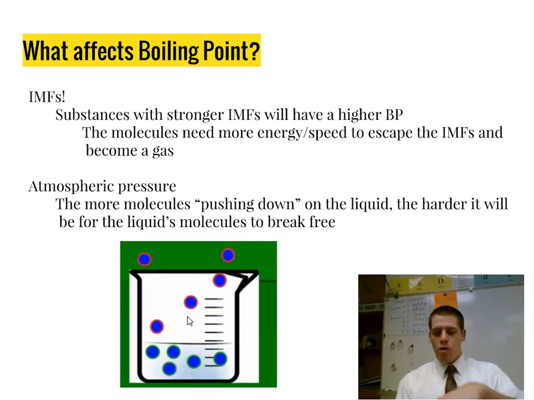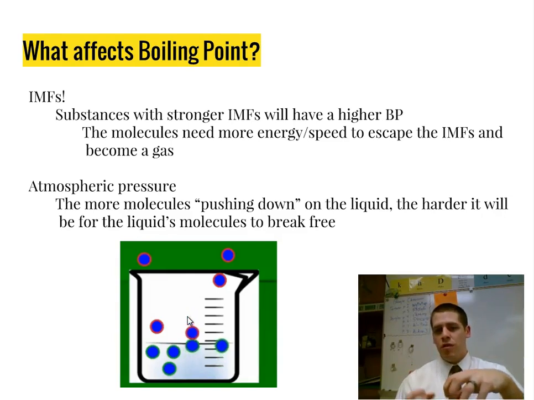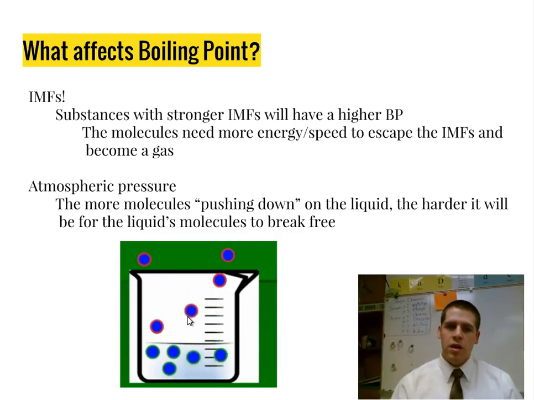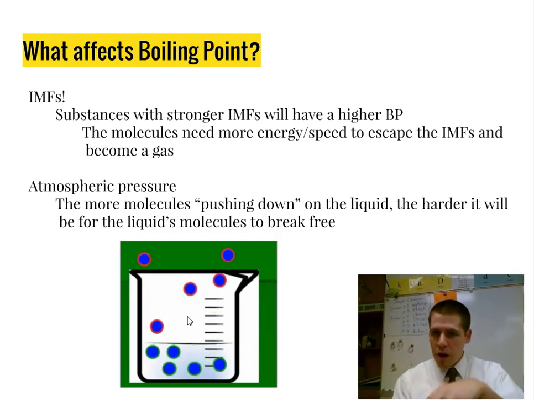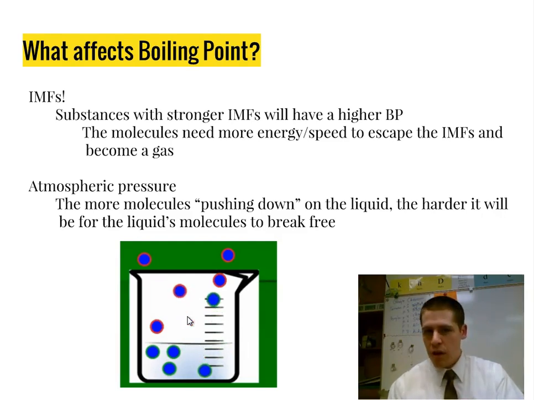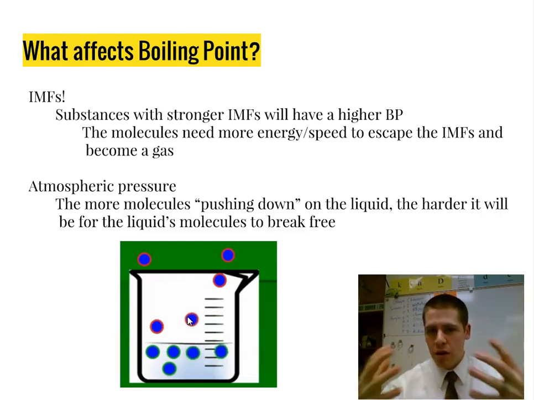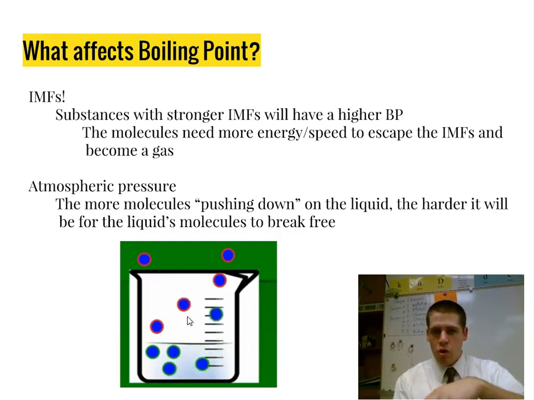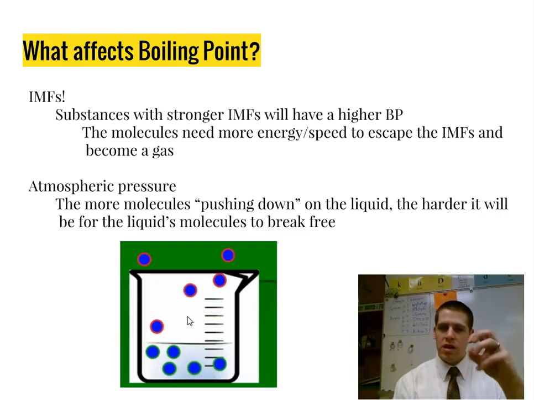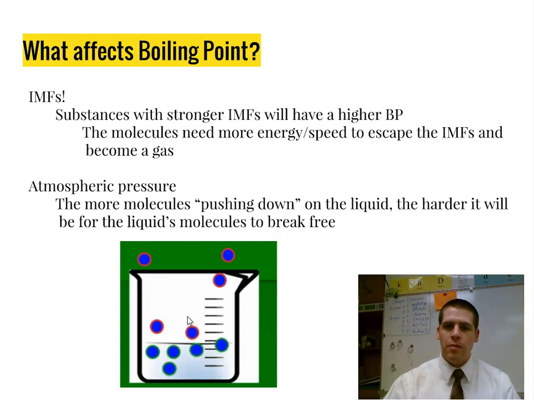And so the more pressure you have, the more collisions you have with those gas molecules on the surface, the harder it is for those water molecules to escape into the air. So the one thing you want to get in your notes is the higher the pressure, the higher the boiling point, because it takes more energy to get those water molecules to go up into the air, because there's a force pushing back on them, basically.